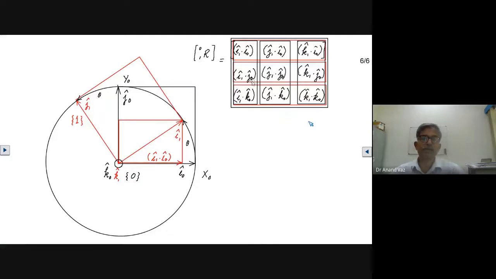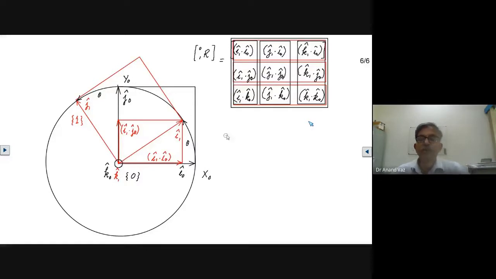What is that? I1 dot J naught is this component here. And I1 dot K naught. You see I1 is here and K naught is perpendicular to it, so I1 dot K naught is actually equal to 0.